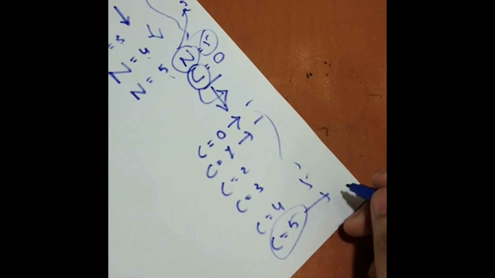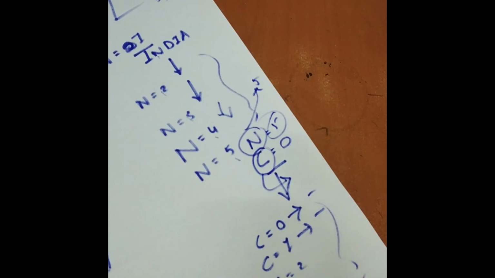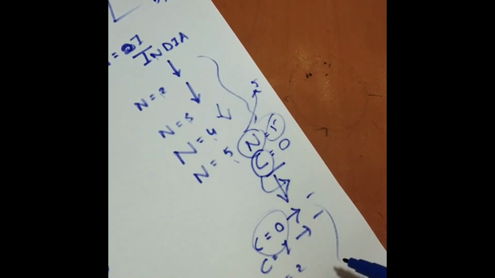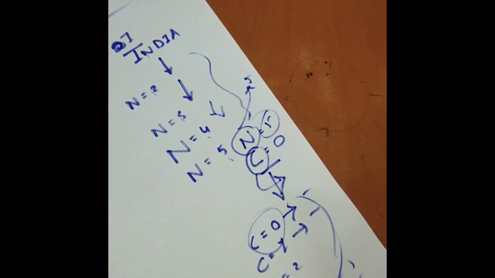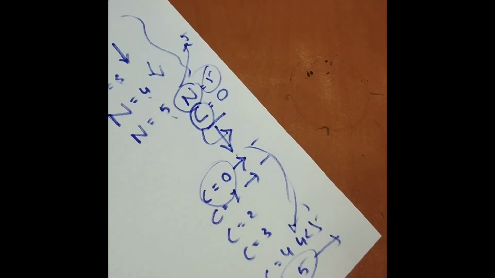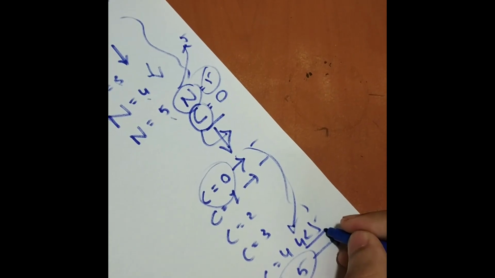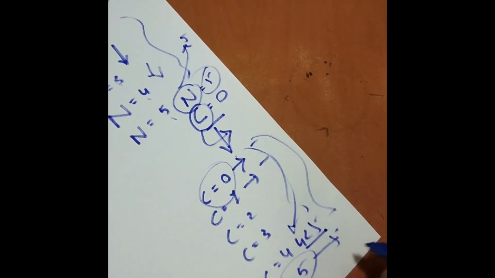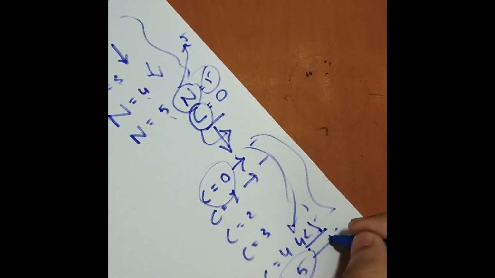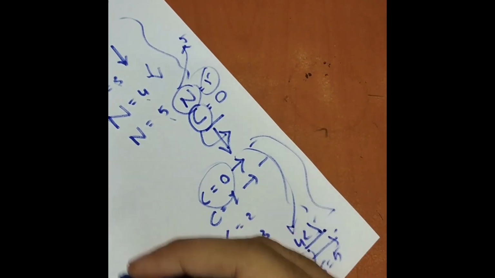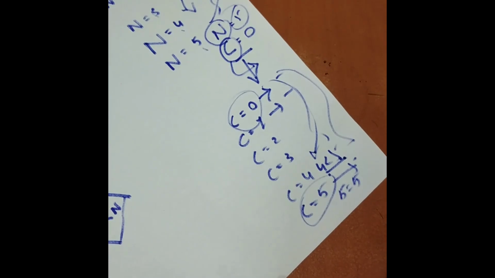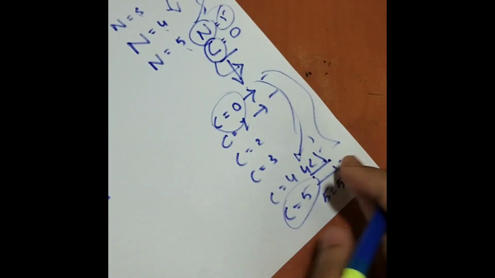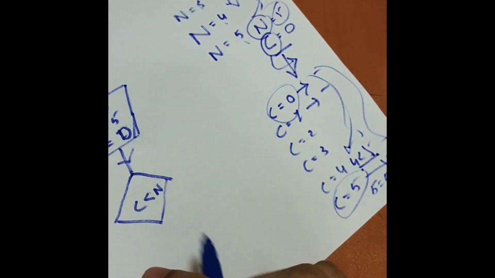That was not my code. I had to print India 5 times. I have initialized C with 0, so I have to end C with 4, and 4 is obviously less than 5. So up to this India will be printed, and when it is 5, then 5 equals 5, the loop will be terminated. That's why I have written C less than N.